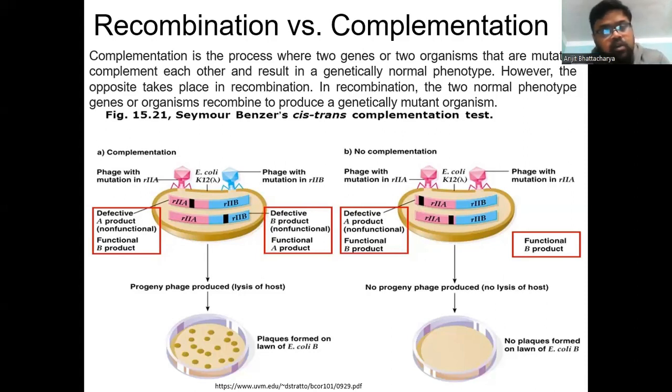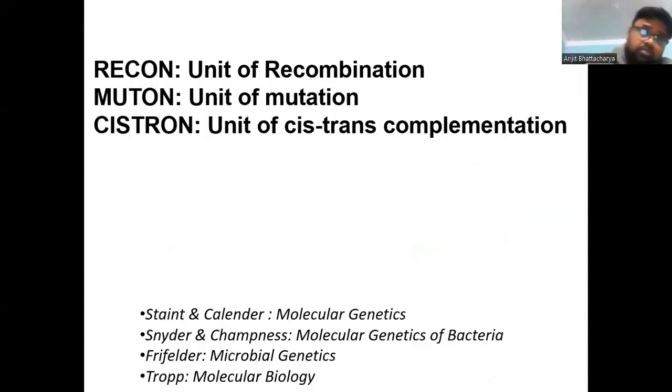It is a non-recombinational process where the phenotypic features depend on the production of gene products, and complementation is the complementation of the deficiency of a gene product by another mutant. So the cis-trans complementation test was also very important, but it is not mediated by recombination.